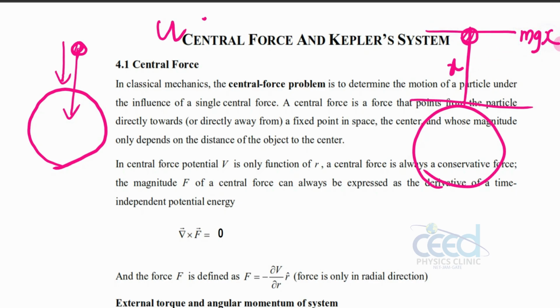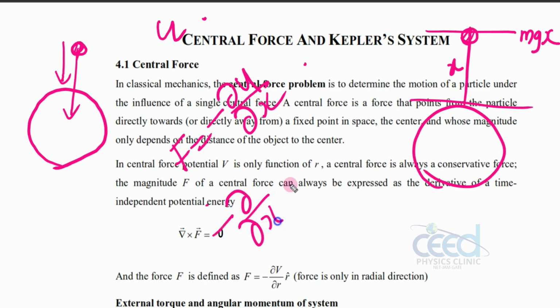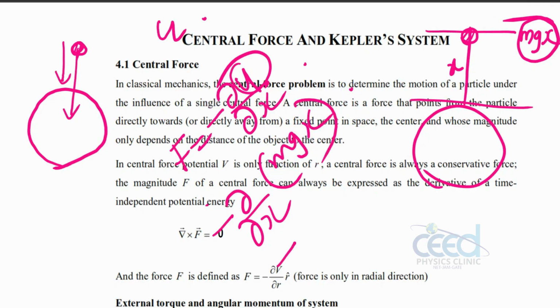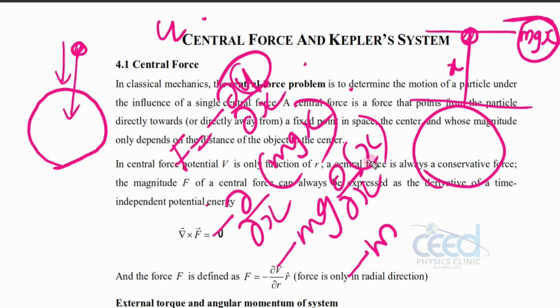Am I right? mgx. Now what we studied in lower classes, force is equal to the gradient of this potential energy, right? That means you can prove that F is minus dou by dou x of U. Suppose you put the potential energy U as mgx, this U I replace with mgx. Now minus mg you can take out, dou by dou x of x, that is 1, right?